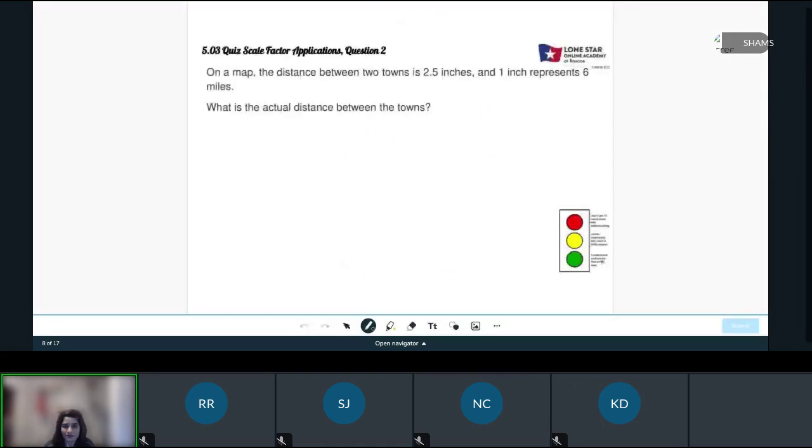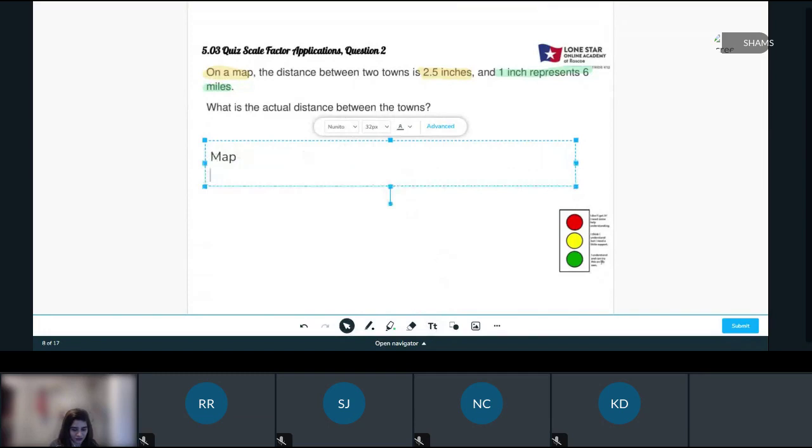So now on a map, the distance between two towns is 2.5 inches. Again, read the keyword. It says on a map. The distance between two towns is 2.5 inches. Now they also tell you about the map. They're saying 1 inch represents 6 miles. This is the information I will start with.